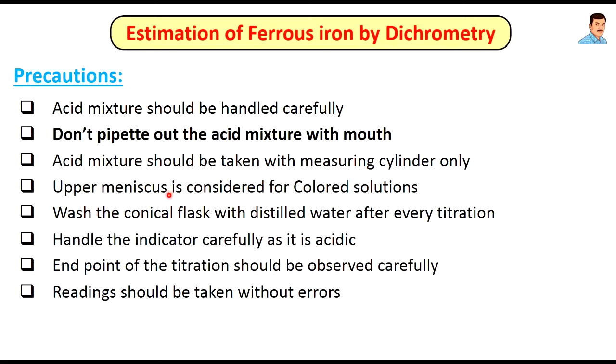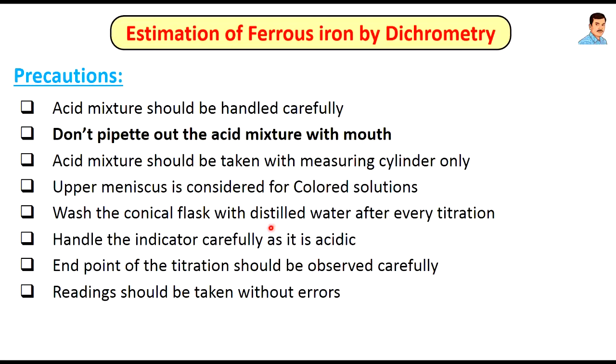And upper meniscus is considered for colored solutions. In this experiment, we are using potassium dichromate solution, which is a colored solution. So upper meniscus only is taken for this potassium dichromate solution. Then glassware like conical flask, burette and pipette are washed for every titration with distilled water.